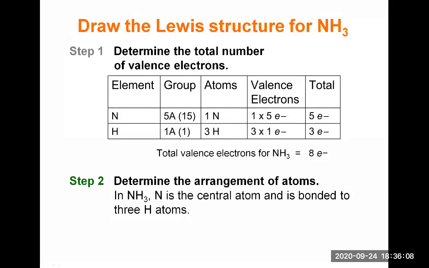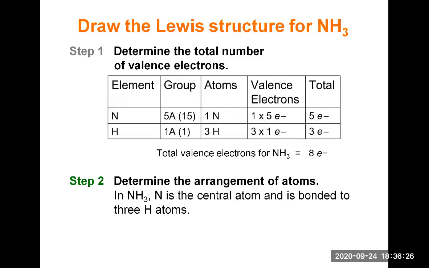Next, you need to determine the arrangement of the atoms. And so here you have N and then 3 hydrogens. When you have a formula like that, you put the single atom in the center and the 3 hydrogens around it.